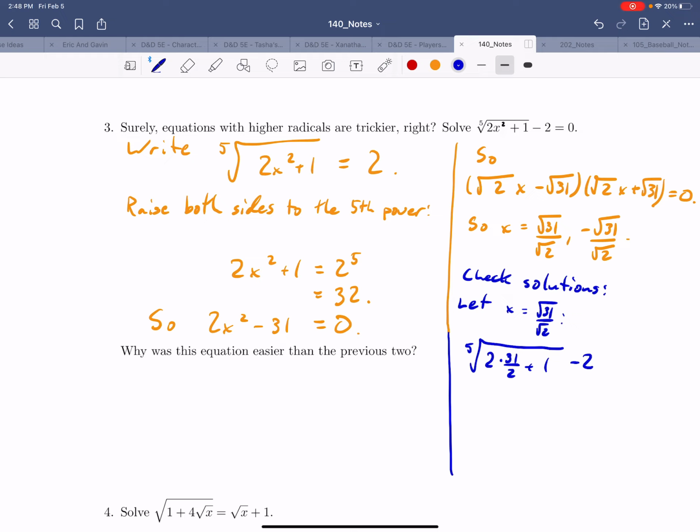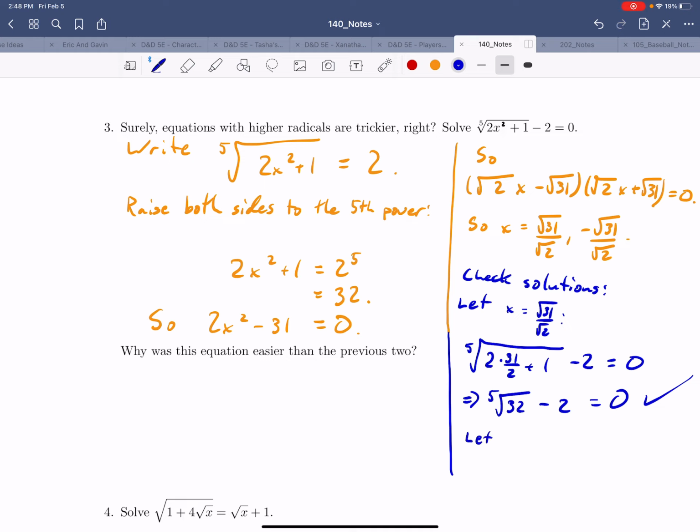Well, we claim that it equals 0. But we're really getting the fifth root of 31 plus 1, which is 32, minus 2 equals 0. That's correct, because we know that the fifth root of 32 is 2. And it's not a negative 2 either. The negative 2 is the fifth root of negative 32. With odd roots, there's only one answer. So that worked just fine.